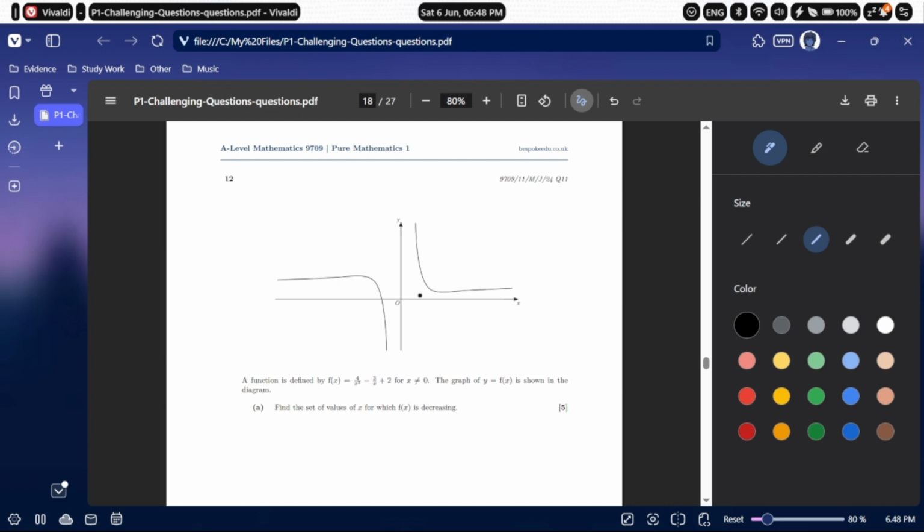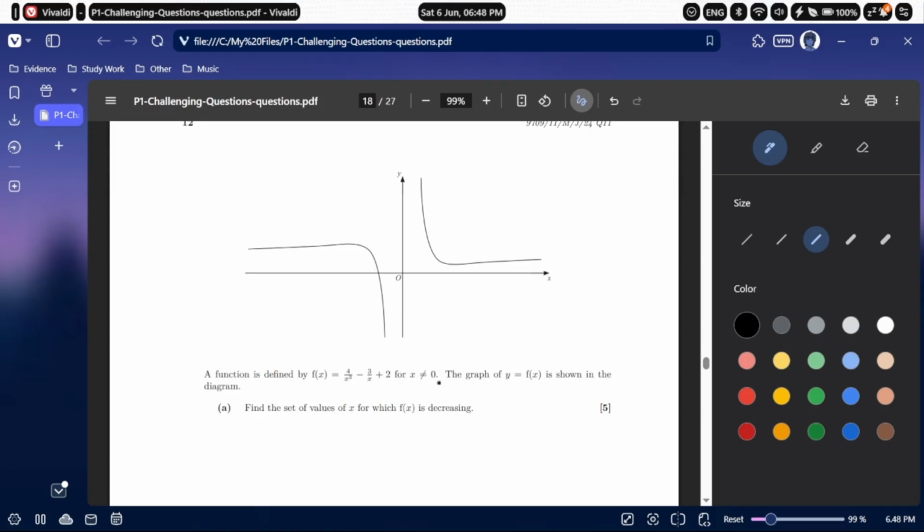Thank you. Okay. So for this, you're given a weird-looking function, and you're told that the graph of this is shown over here, and you have to find the set of values of x for which the function is decreasing. If you just approximate when exactly the function is decreasing, you can see that after these points the graph is basically decreasing, right?